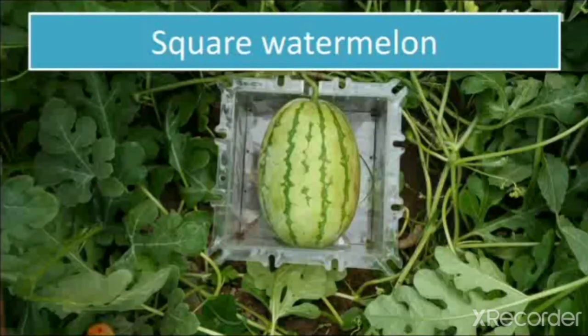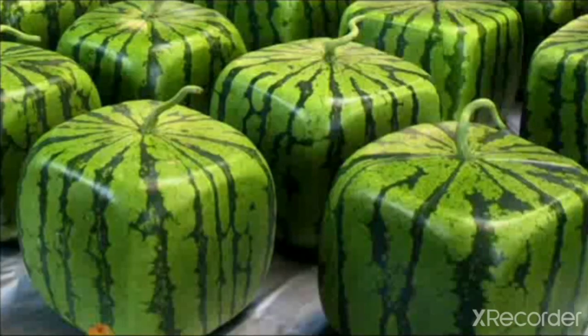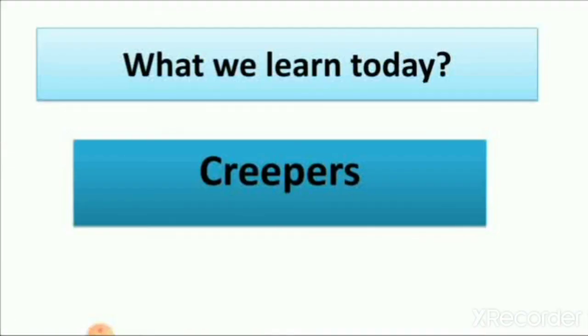When the watermelon starts growing, when we have a small watermelon, we have to put the watermelon in a square mold. So they grow in square shape. Then if you put it in a heart shape mold, then the watermelon grows in heart shape. Then here you can see the watermelon is growing in square shape.